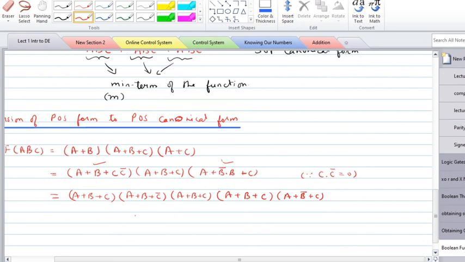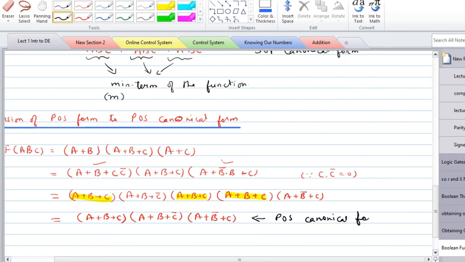Combining the similar terms, you can write it as a plus b plus c, multiplied by a plus b plus c bar, multiplied by a plus b bar plus c, and this results in your POS canonical form.